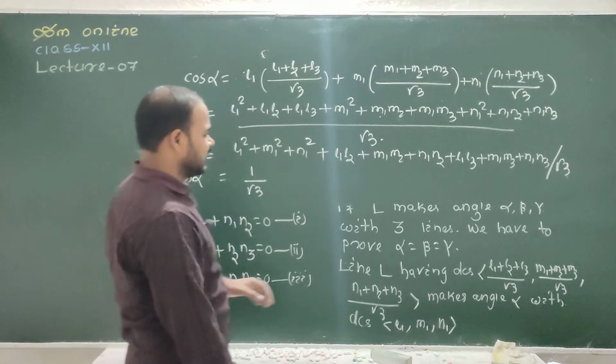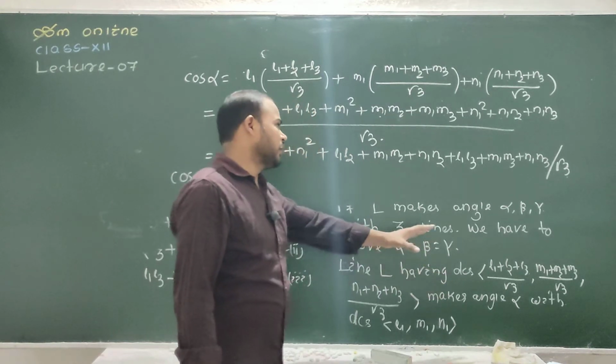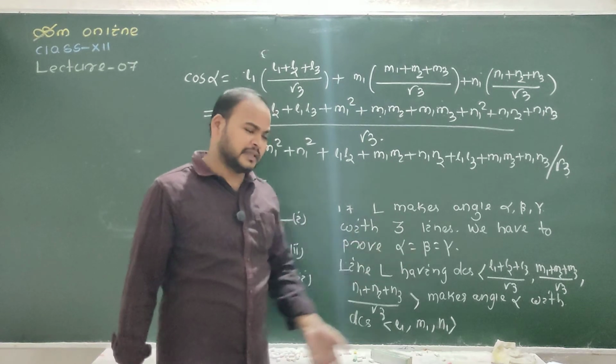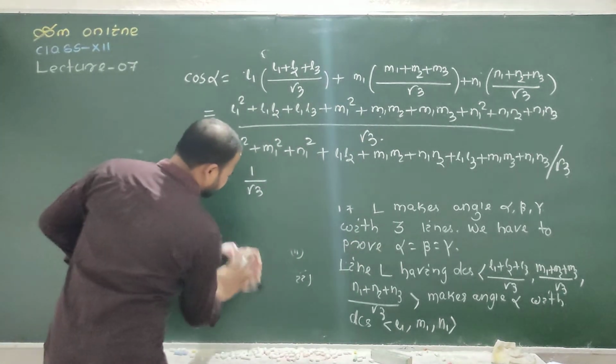If line L makes angle beta with the DCS having L2, M2 and N2, then cos beta is also okay.